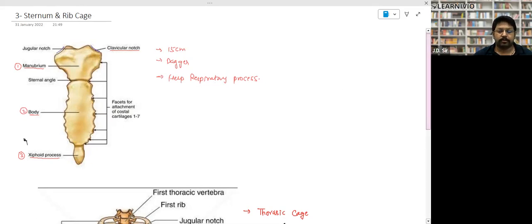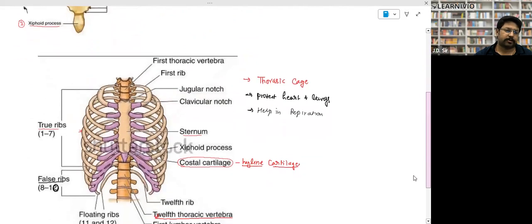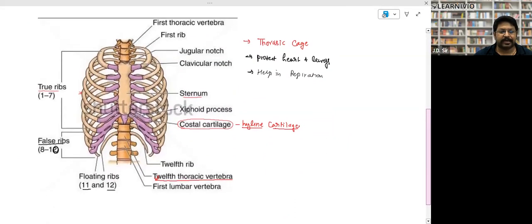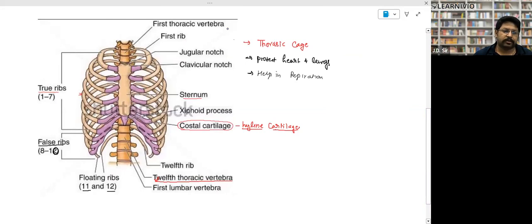Come to this one. Look. This is known as the thoracic cage. Our lungs remain safe inside this cage. As you can see, there are 1 to 7, means 7 pairs of true ribs, right?